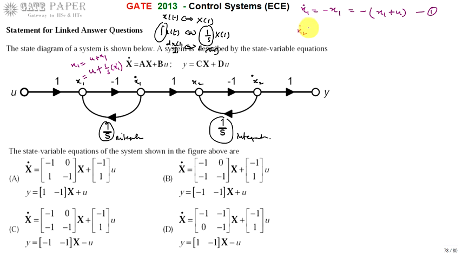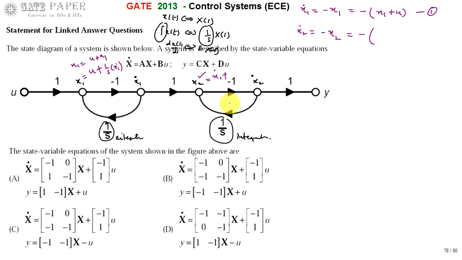And x2 dot is this point. So you get x2 dot whenever x2 is passing through this minus 1 gain, so this will be equal to minus x2. And x2 can be calculated at this point by considering the incoming arrows. The incoming arrows say 1 into x1 dot, which is x1 dot, plus 1 by s times x2 dot.